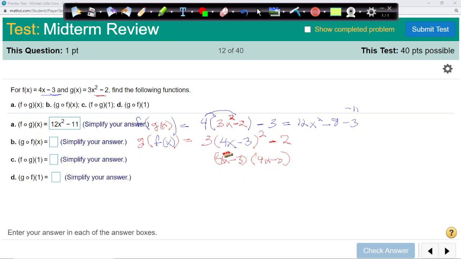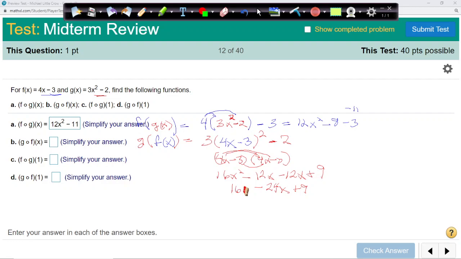Okay, distributing 4x times 4x is 16x squared. 4x times negative 3 is going to be negative 12x. Negative 3 times 4x is negative 12x. And then negative 3 times negative 3 is going to be a plus 9. So in the middle we get a minus 24x.